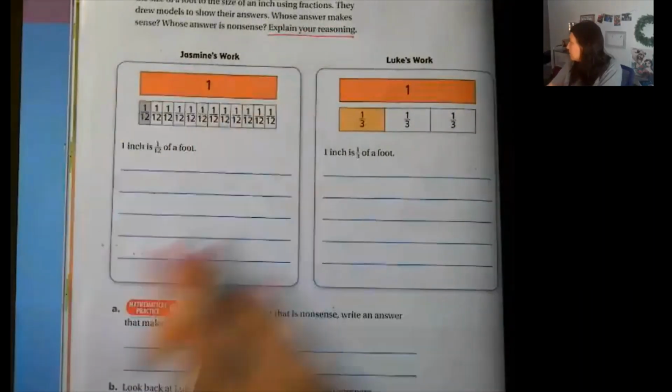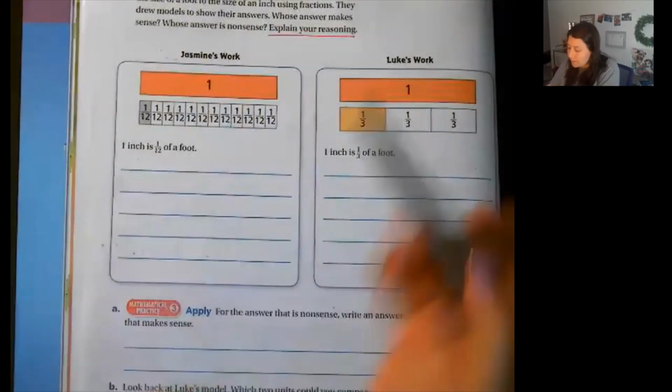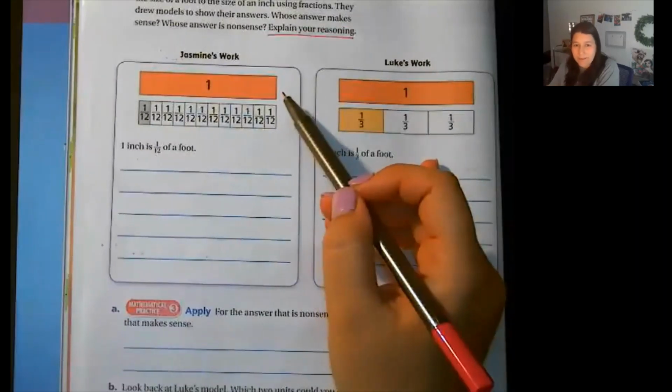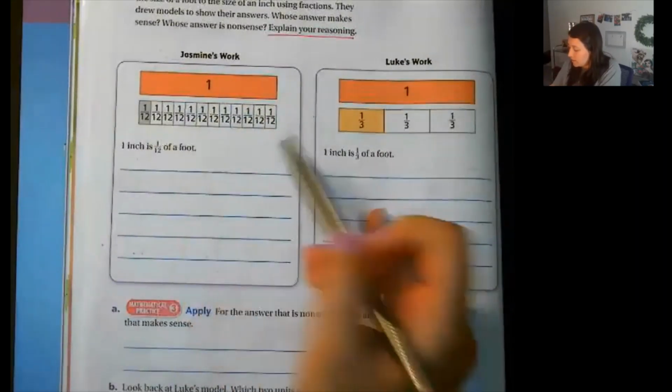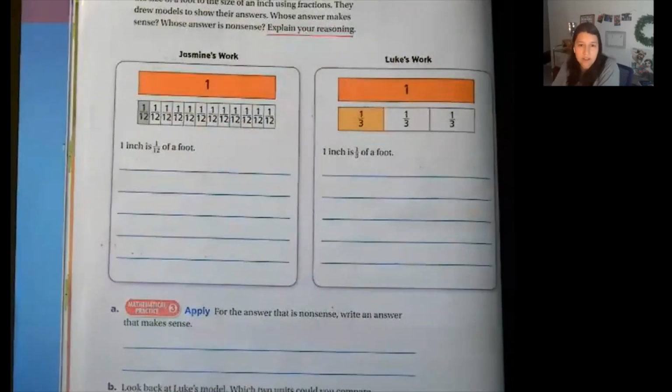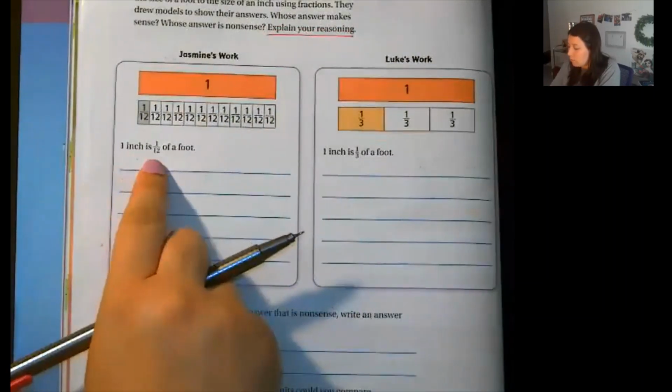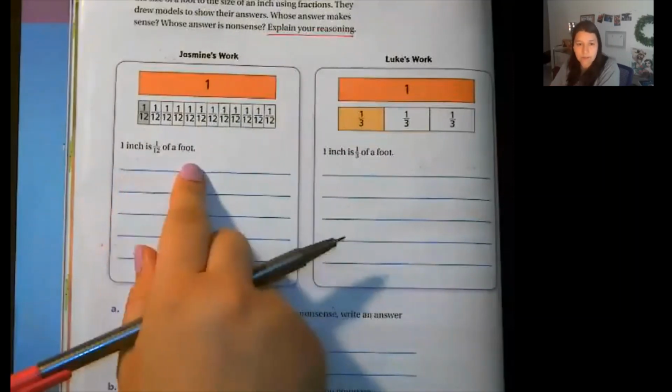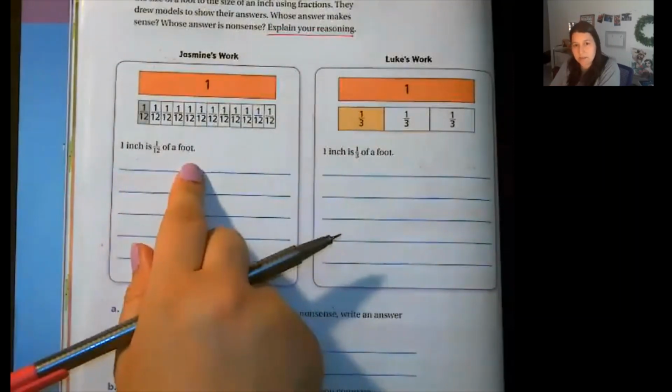Let's look at Jasmine's work. She has one whole, and then she has 12 little pieces underneath with one piece colored in. And she says 1 inch is 1/12 of a foot. Is she making sense? Is that right?